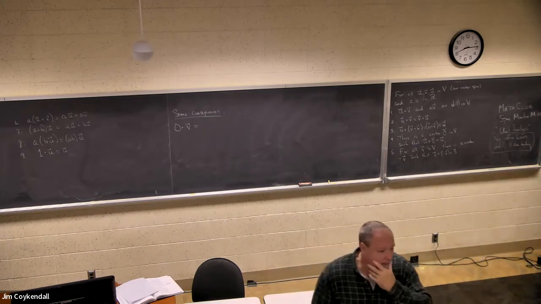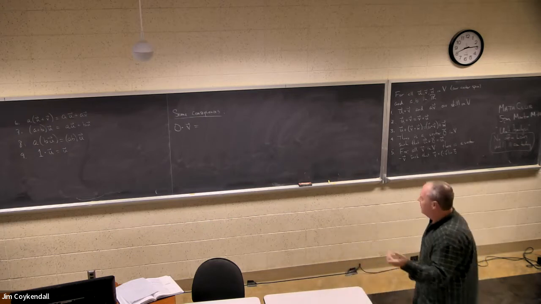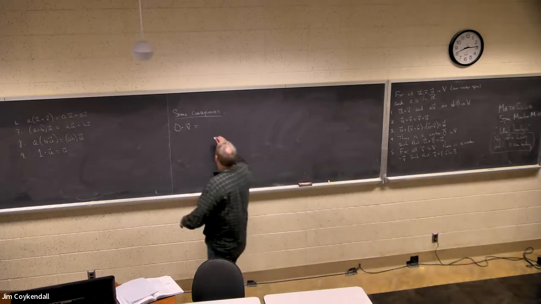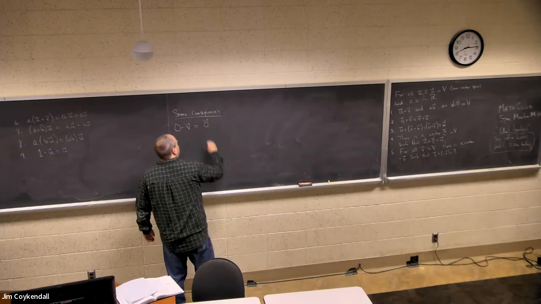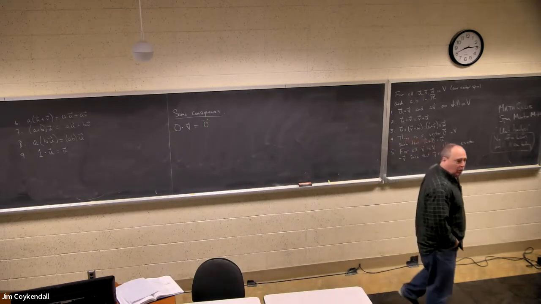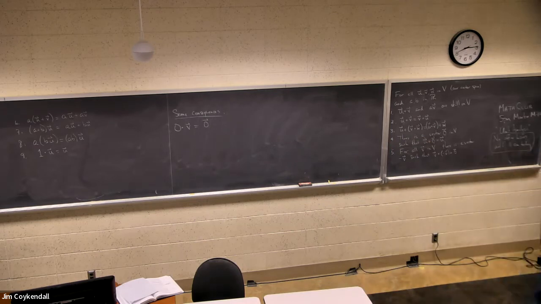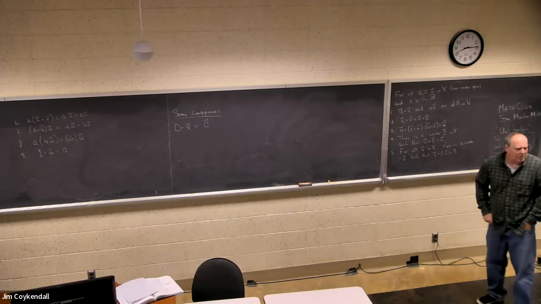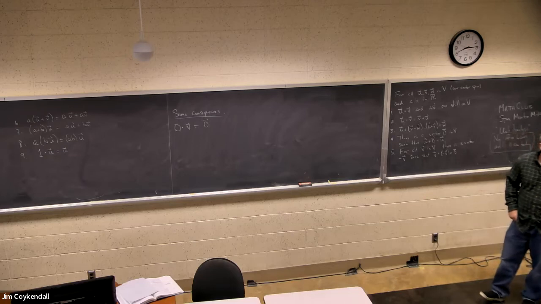What do you expect to come out of that? The zero vector, right? This is not one of our rules. This is a consequence of our rules. Can anybody see what rule this comes from? There are probably several ways you can do it. Did anybody see why this follows?